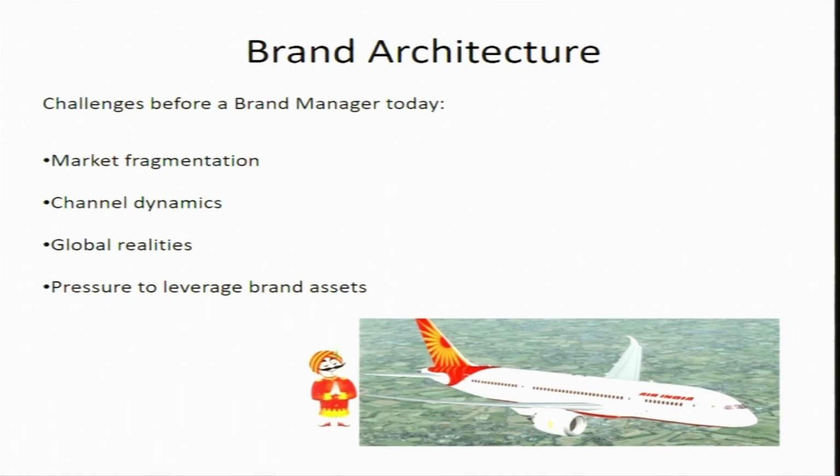Now, the first challenge he is facing today is market fragmentation. What is market fragmentation? It means the same market which was earlier a unitary whole has now been fragmented into many parts. Let us take a simple example of the airline industry, because you can see the picture of Air India and Maharaja on the screen.